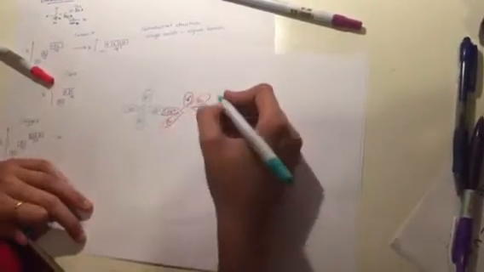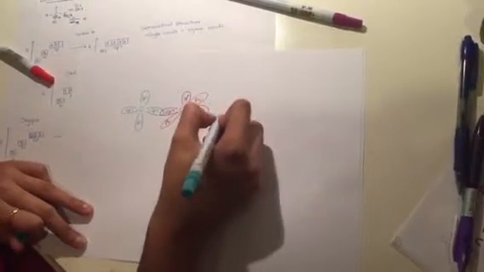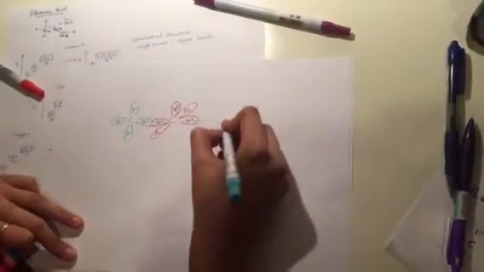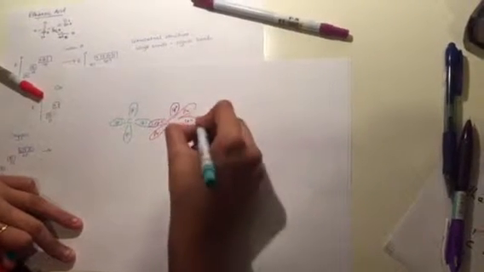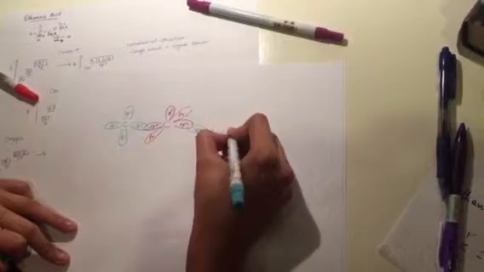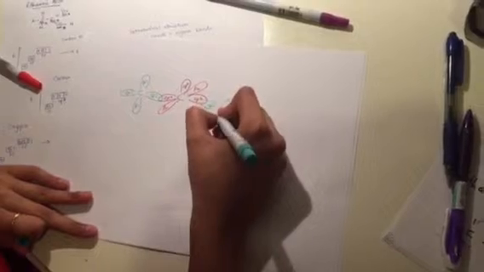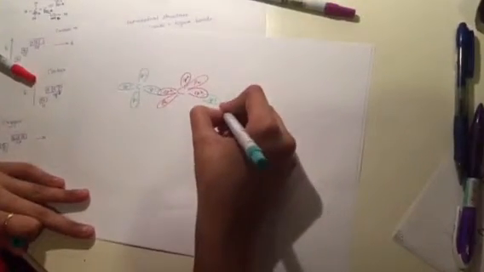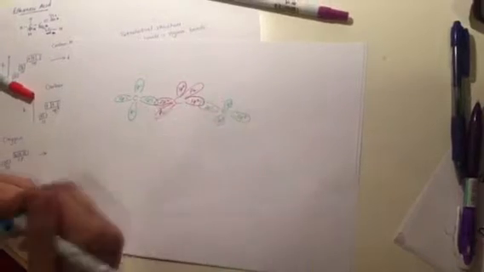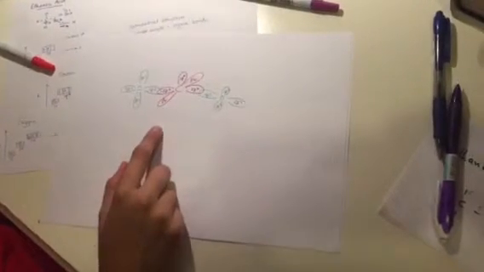Now bonded to the same middle carbon on the other side is oxygen, and this is the sp3 hybridized oxygen. I'm going to be drawing the two lone pairs as well, which is this one and this one. These are the lone pair orbitals.